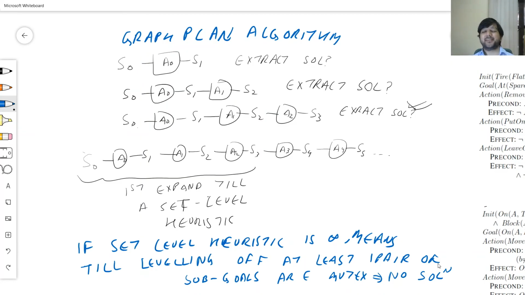But not always will the problem be that easy. Sometimes the subgoals may be non-mutex to each other, but still there may be no solution possible. Now the constraint satisfaction problem, it turns out, is actually a more involved algorithm, not the way that we saw it. It doesn't only give you whether a solution exists or not and a solution in case it exists. It also gives you a third thing.